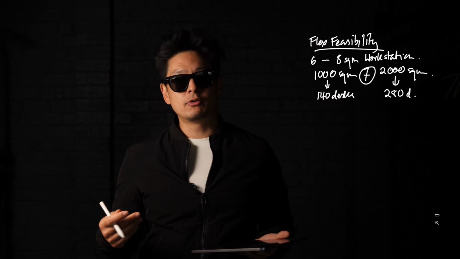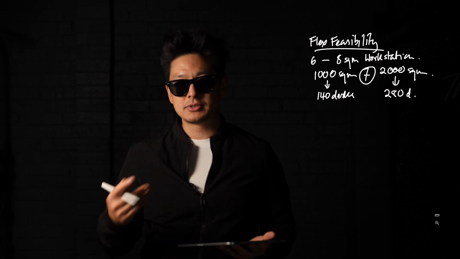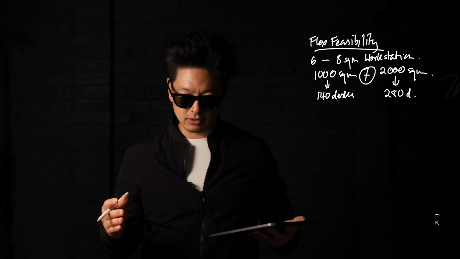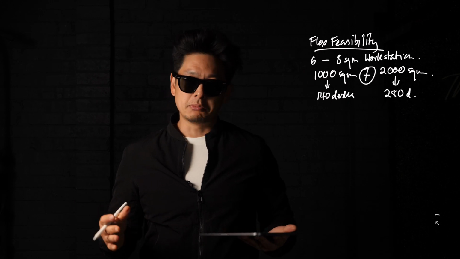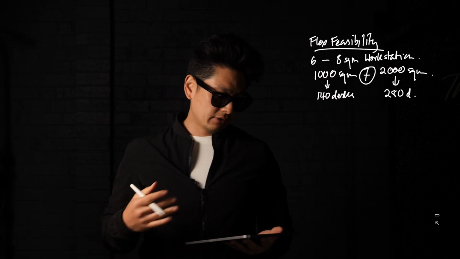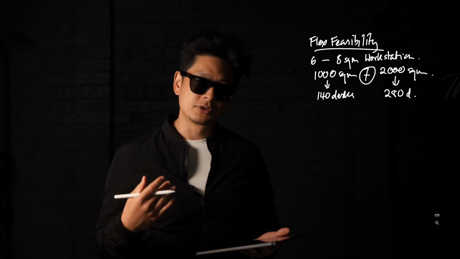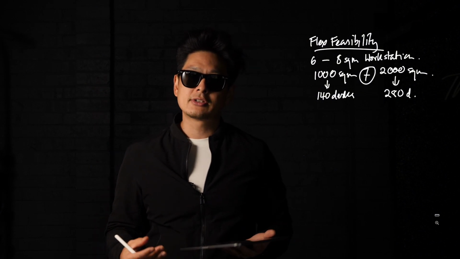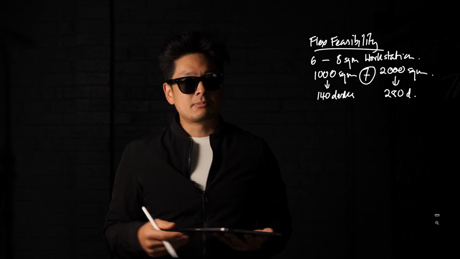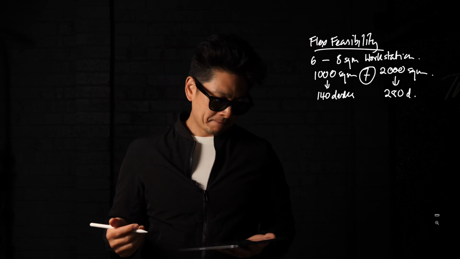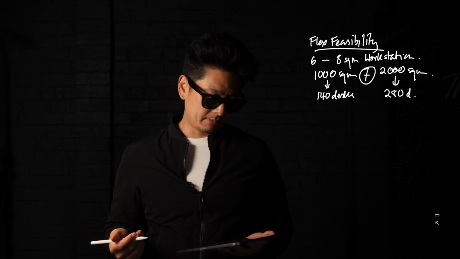WeWork used to go as low as 4.5 in some markets, which I know sounds crazy, but it's also because the desks got really small so that they could fit more. I don't think they're at a 4.5 anymore, especially in a post-COVID world. We've been pushing closer to the 8 square meters per workstation angle, so that it's more spacious within the floor plans. So I think 7's a pretty good rule of thumb to pick.